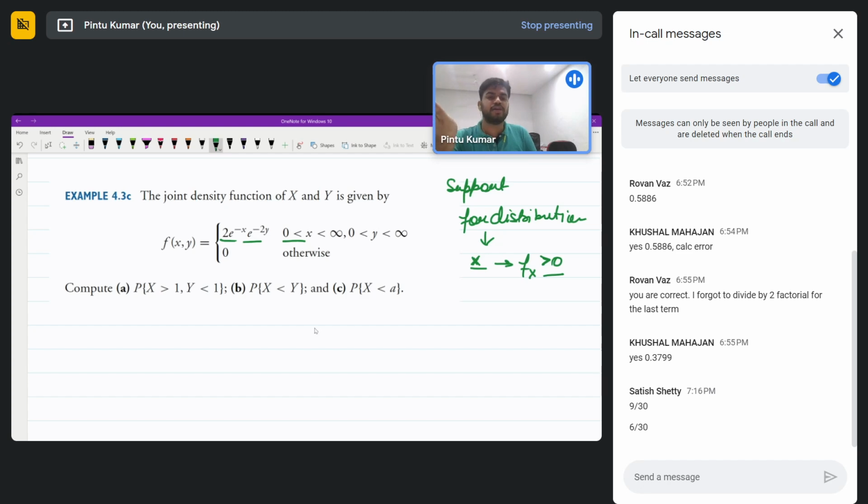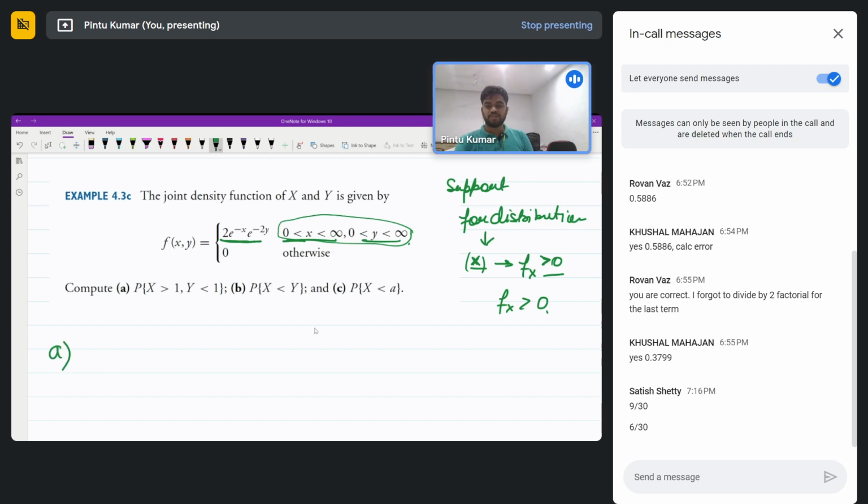If it is a multivariate random variable, then it would be the set or the combination or the pair of values on which your f of x is greater than 0. So if you look here, when your x and y lie in the intersection of these two regions, then you have non-zero values. That's why this is called the support of a random variable.